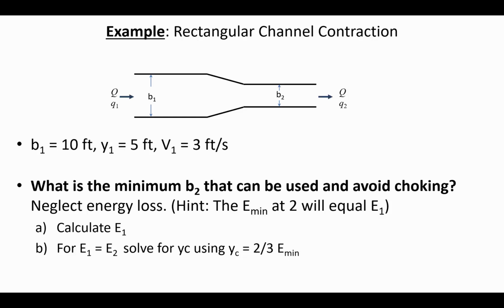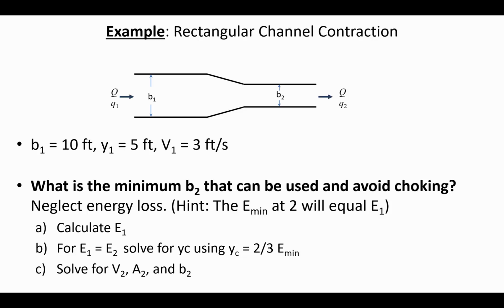So you're going to solve for Y sub C using that 2/3 relationship, which is kind of the inverse of what I said before. If E min is 3/2 of the critical depth, then the critical depth is 2/3 of E min. So this time, we know how much specific energy is available, and we're calculating the critical depth to be 2/3 of it.